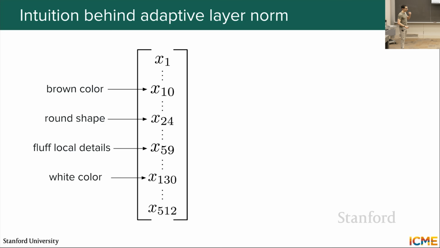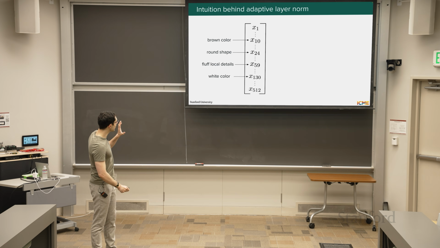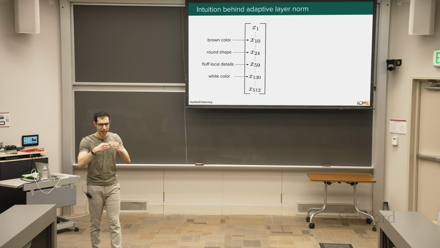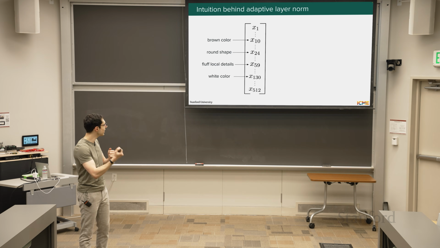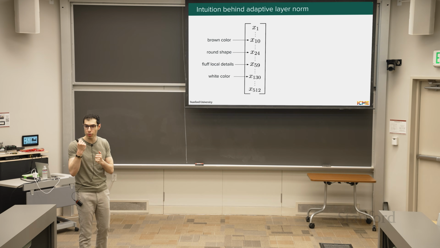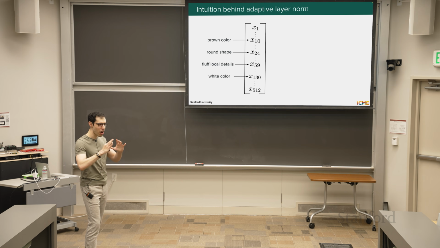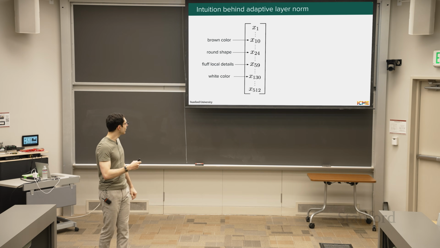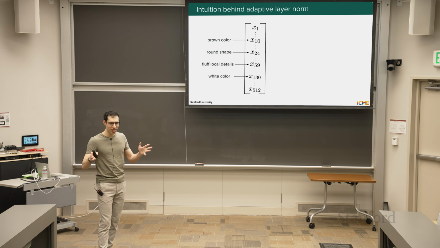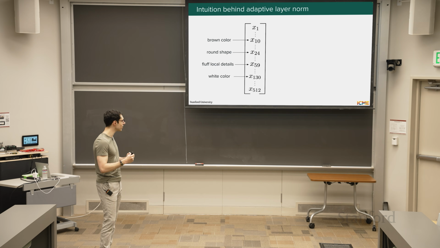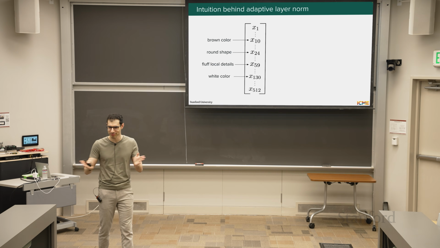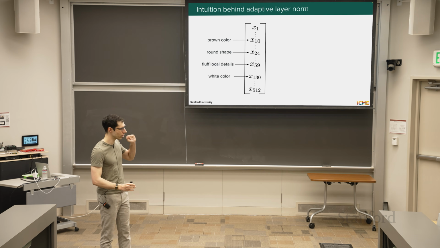Let's suppose you have a vector where the 10th dimension represents the intensity of the brown color. Dimension 24 is how round the shape is. Dimension 59 is how fluffy the local details are. And dimension 130 is how white the color is. So let's suppose you have such dimensions.